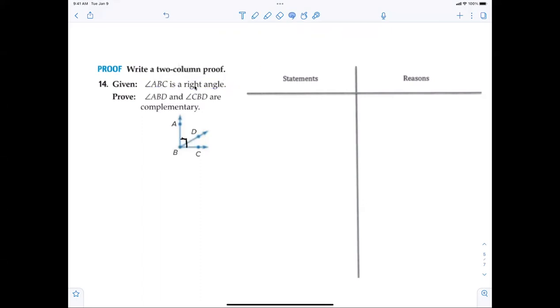All right. So here we go. Statement number 1, I'm going to write down, is given. Now, what can we say next? There are so many different ways of doing it. It doesn't matter. Someone be brave.